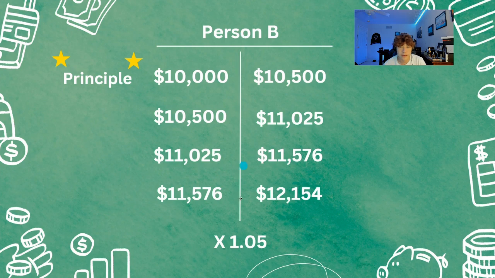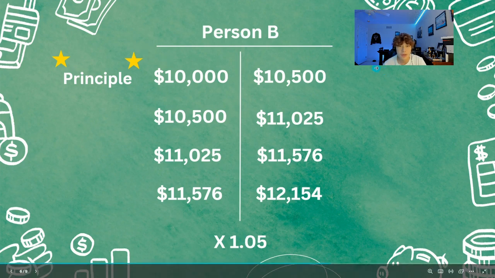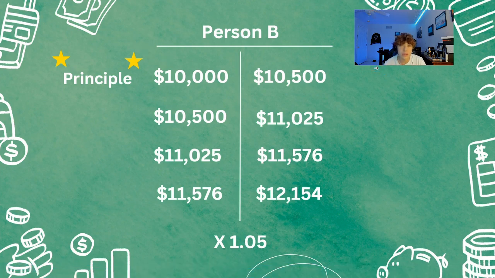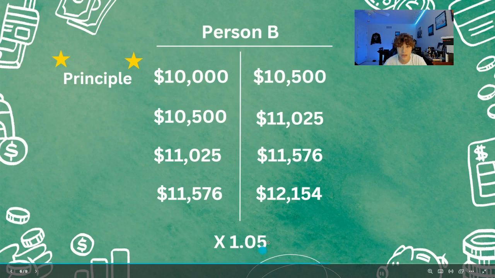So again, we have our T-chart here, but the thing that I mentioned person B is doing differently is that he is not taking away the interest that he earns over the year period. So as you can see, you have, just as you started with person A, your $10,000 principal. After the year has passed and you've made 5%, you now have $10,500.